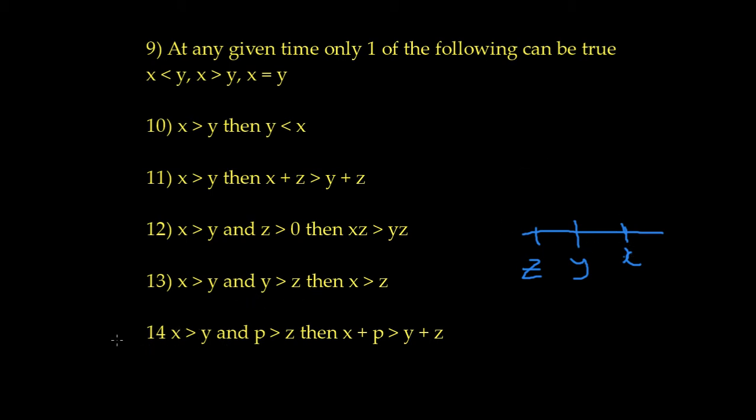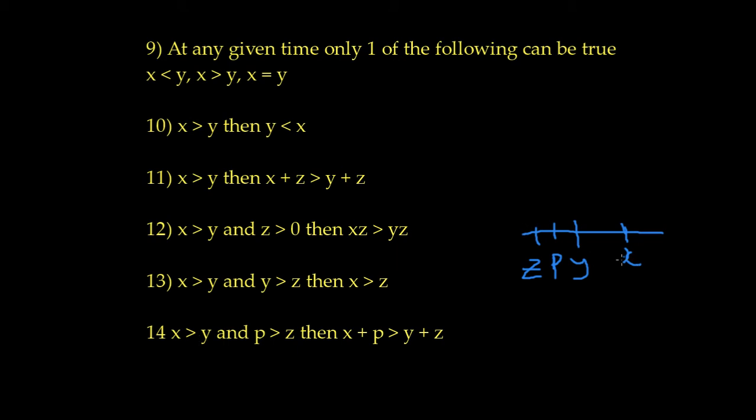And then 14. If x is greater than y, and p is greater than z, then x plus p is greater than y plus z. So let's put p here. It's a bit jumbled up, but let's put p here.